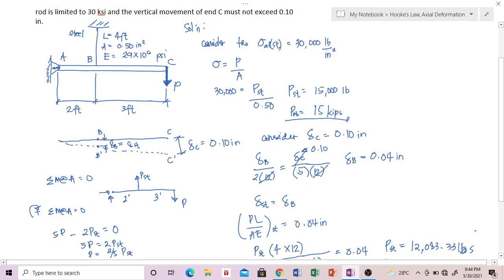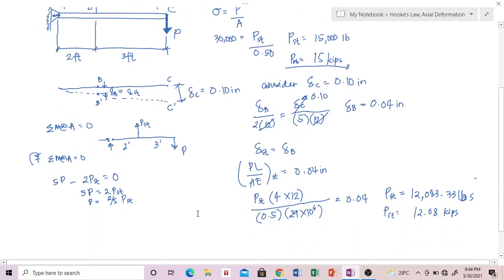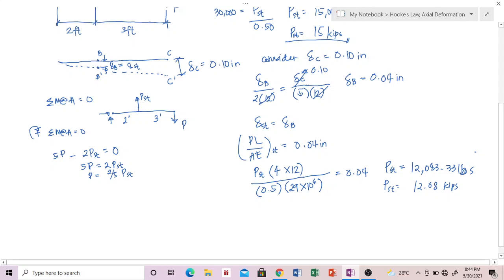Since we have two values of P steel, one considering the allowable stress so it will not exceed, and the other as a deformation or displacement of C. Considering P steel equivalent to 15 kips, we have P equivalent to 2/5 of 15,000.